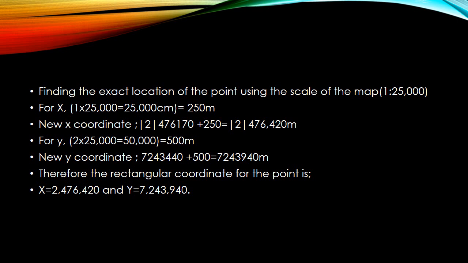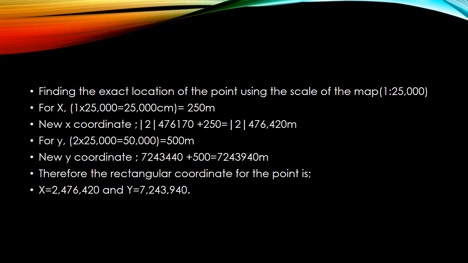Okay, so finding the exact location of the point using the scale of the map, which is 1:25,000. For x, we know that the distance from the point to the x line is 1 centimeter. Therefore, we are going to convert that 1 centimeter into actual ground distance. So we multiply 1 by 25,000 centimeters, which gives us 25,000 centimeters.